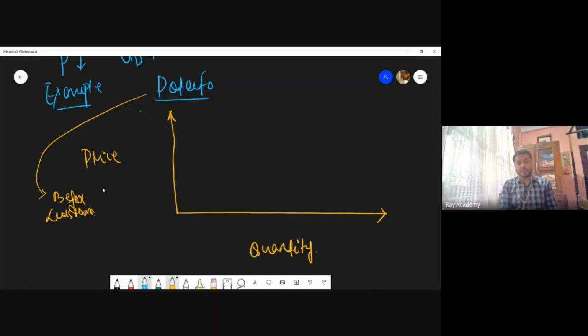Let's say 1 kg of potato was, for example, 40 rupees. So before lockdown, 1 kg of potato is how much? 40 rupees.